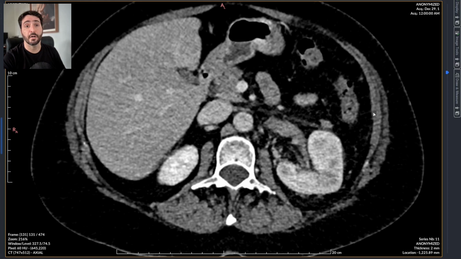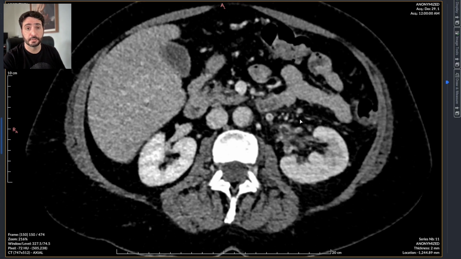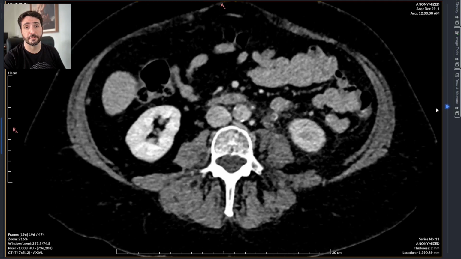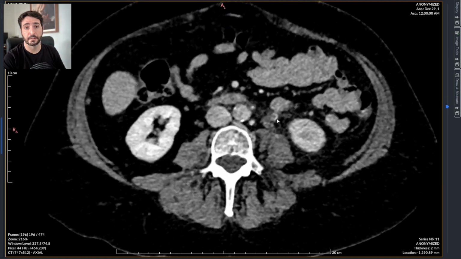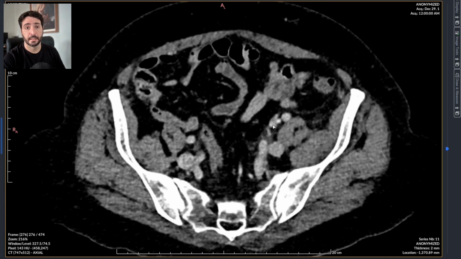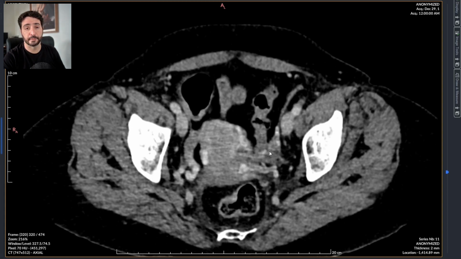Also, we can see that the pain could also be justified by acute thrombosis of the left gonadal vein. This vein right here is also thrombosed. It's also acutely clogged inside, and it takes blood to the left ovary.